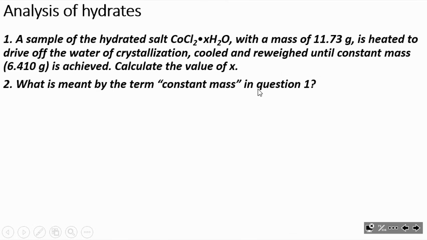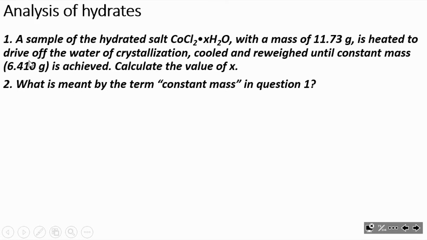So in our next problem we're going to take cobalt chloride. We have a mass of 11.73 grams. They're going to heat that, and eventually this is the mass of the material. So we can subtract this from this, and that will give us the mass of our water.